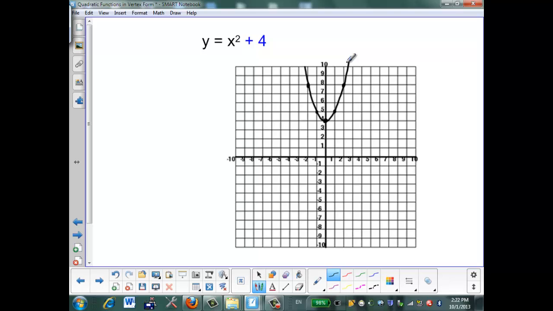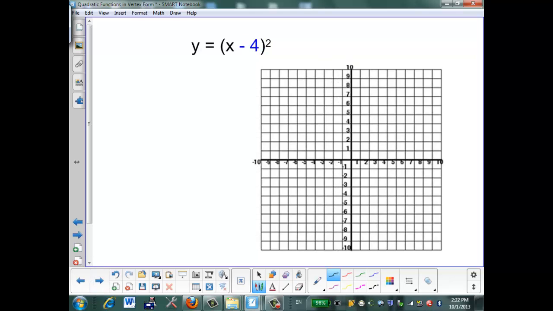So you'll see the number after the x squared is going to shift the parabola along the y-axis, either in a positive direction or in a negative direction. If we have a number that is inside the brackets with the squared, so it belongs to the x, that is going to shift our parabola along the x-axis.